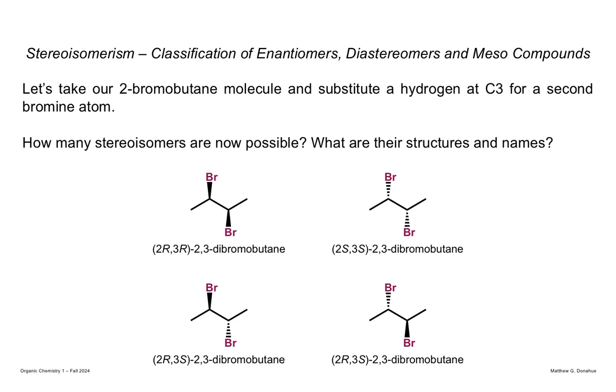The top line is 2R, 3R, and that's the nomenclature for this. You have the location and then the CIP designation of what that stereogenic carbon is.